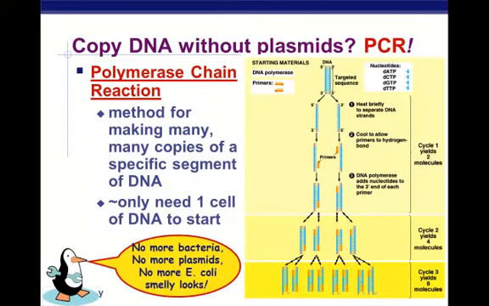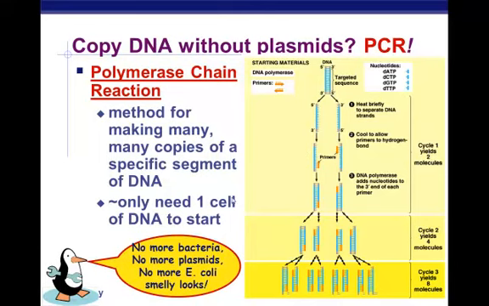We can now copy very small amounts of DNA, for example, collected at a crime scene, maybe a little drop of blood, and use a machine rather than the bacteria to make multiple copies. Get enough DNA to run on a gel, for example.